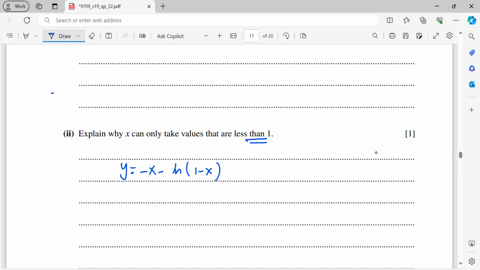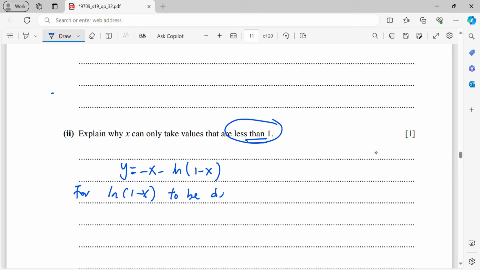This is your y. Okay, how do I know the x can be only less than 1? So look at the ln here, ln of 1 minus x.